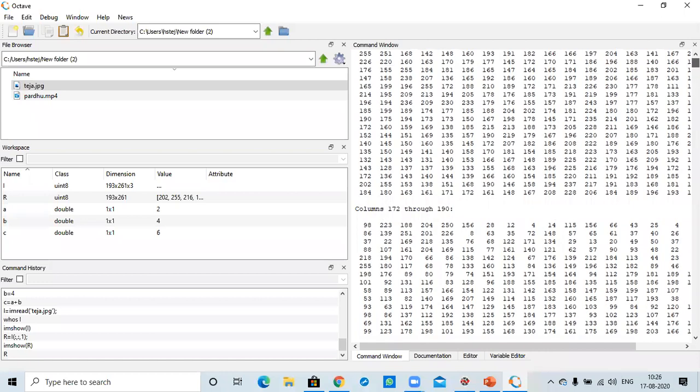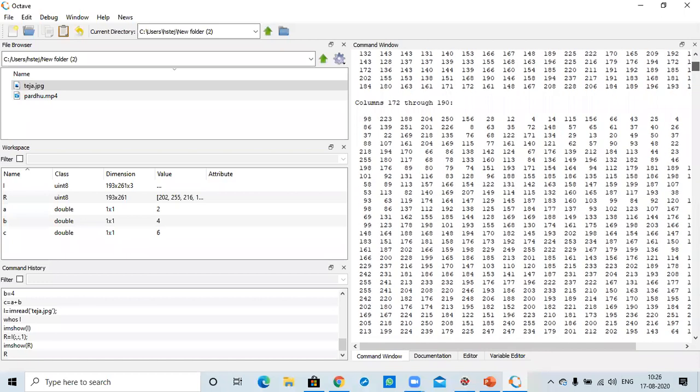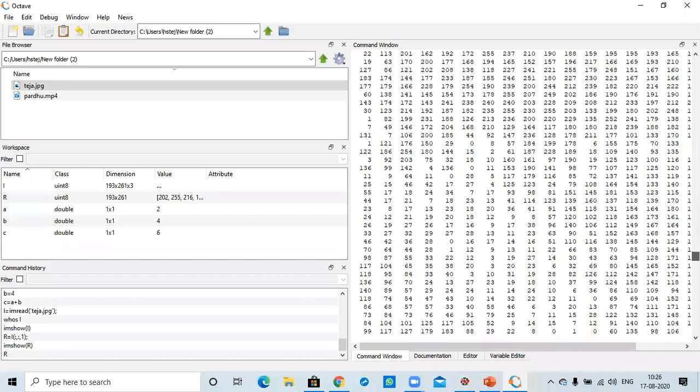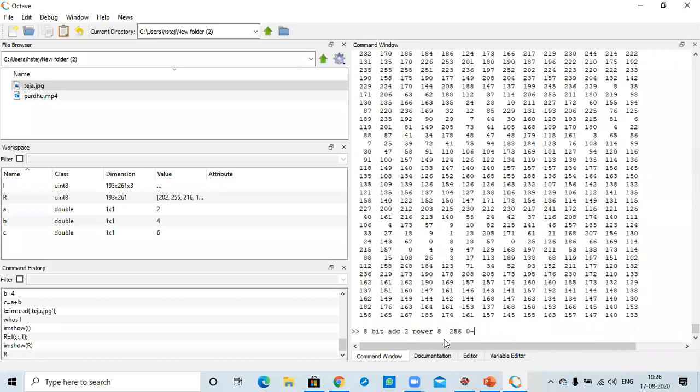See, after reading the image, what we have got is these values, and all these values are ranging only from 0 to 255. That means it is 8-bit ADC. 8-bit ADC means the values are ranging from only 0 to 255, because it is 2 power 8. 2 power 8 means the value is 256, so which ranges from 0 to 255.